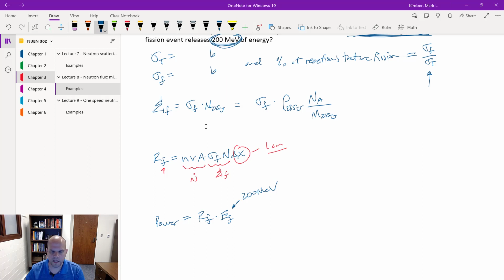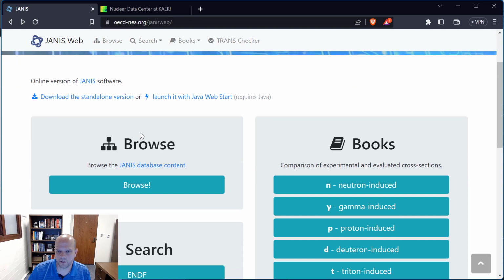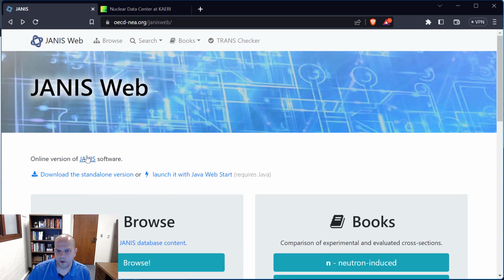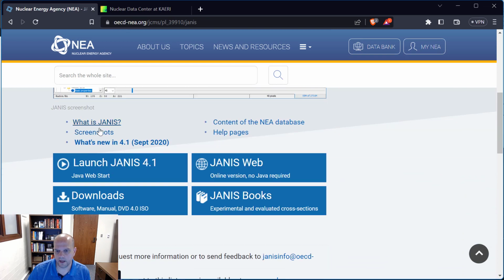All right, let's spend a little bit of time looking at some of the resources online. I'm going to do this through two different resources. The first one's this Janus, which, if you are interested in the software, you can download it for free and install it on your computer.